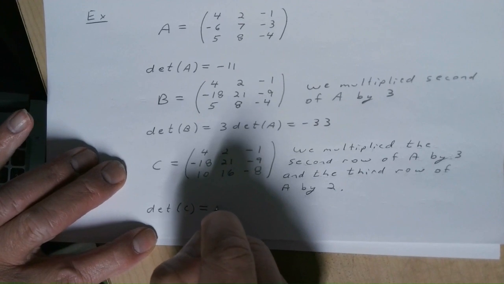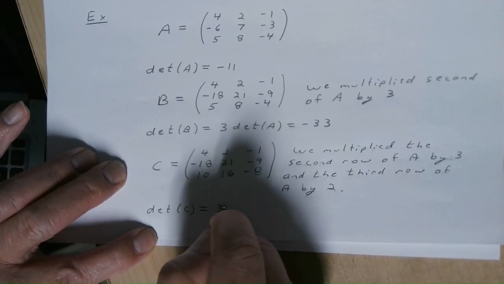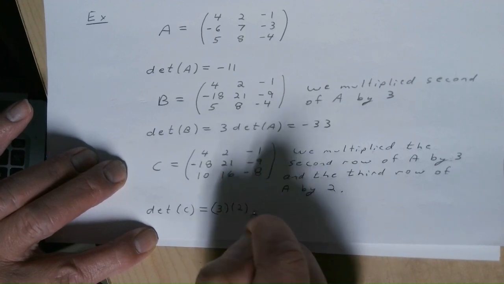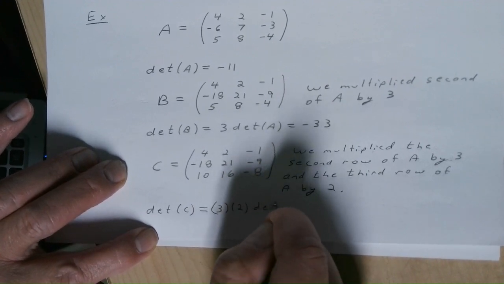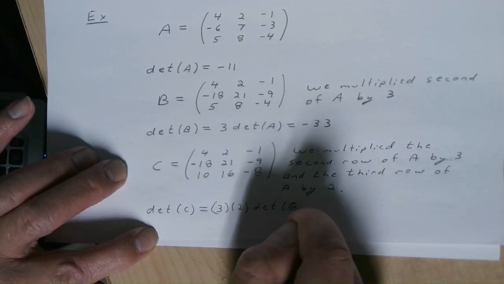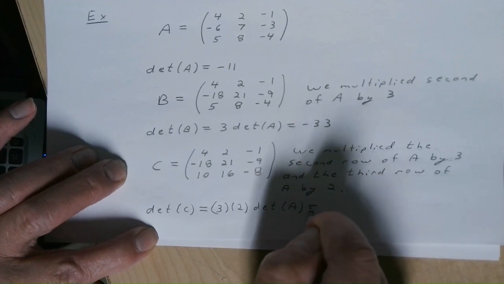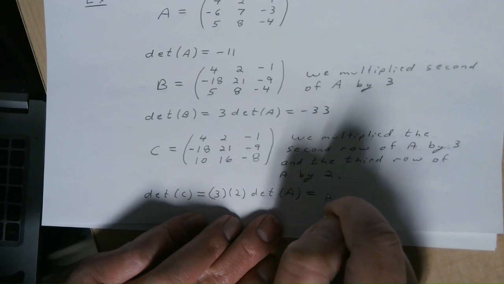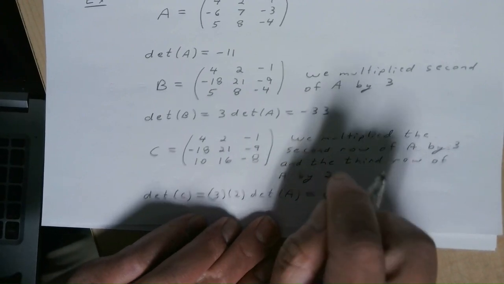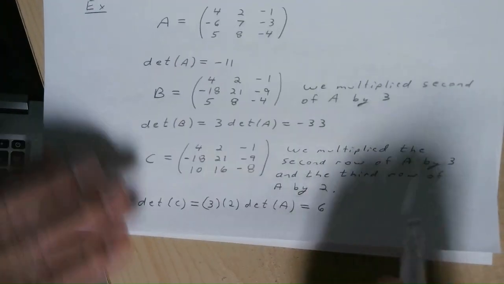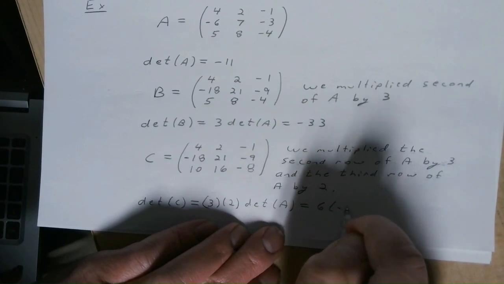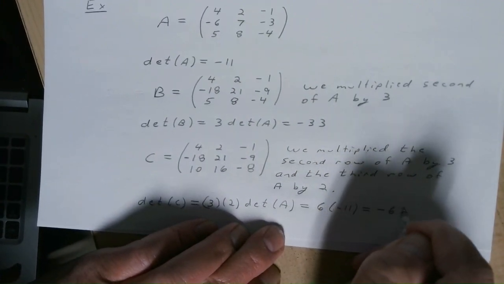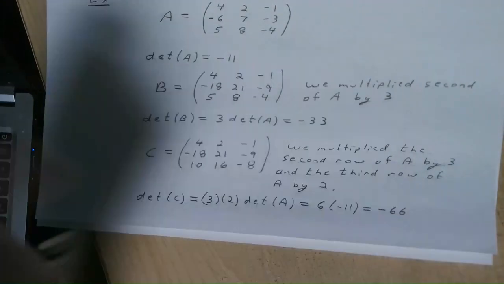So we're going to have to take the determinant of A times 3 and then times 2. And that's going to be the same as 6 times the determinant of A. So that would be 6 times minus 11, and it would be minus 66.